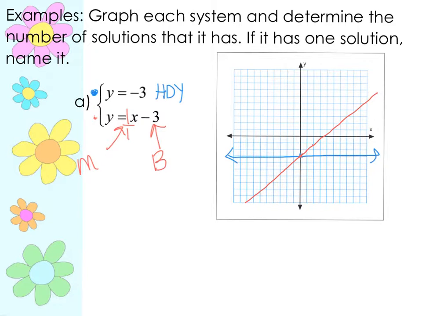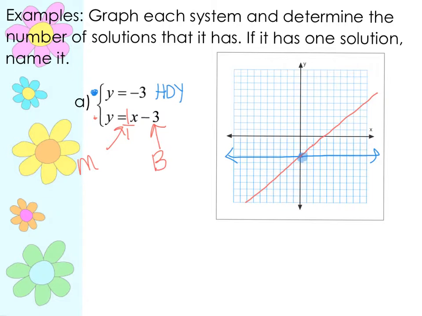Once you graphed them, that's steps 1 and 2. Now we're going to look for that solution. We're going to look to see where does it cross the x-axis. Not the x-axis, I'm sorry, where do the 2 lines intersect? And the 2 lines intersect right here. So we're going to name that ordered pair.